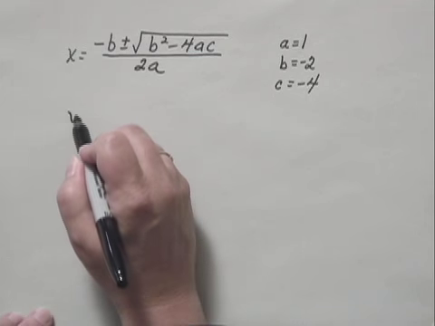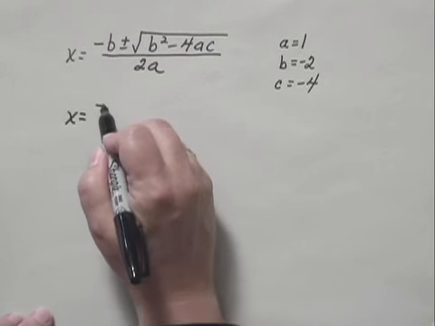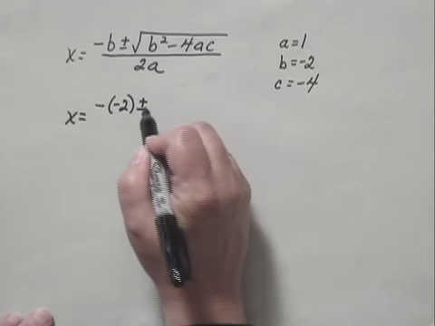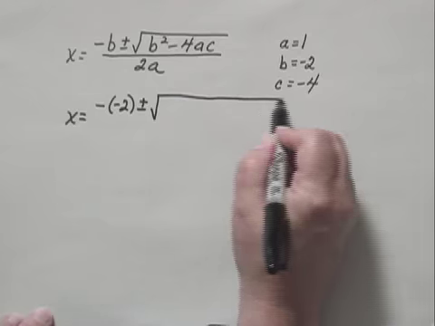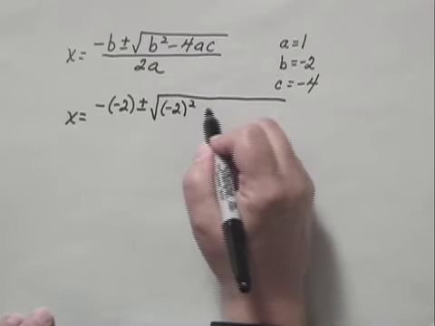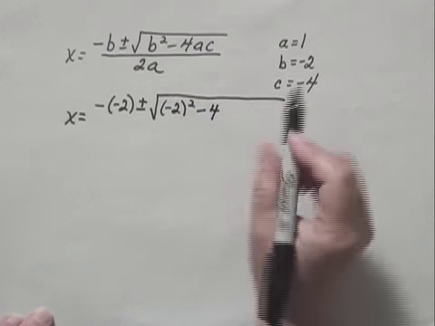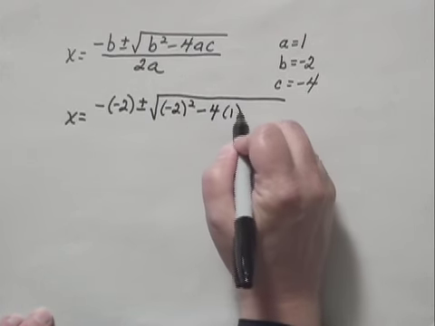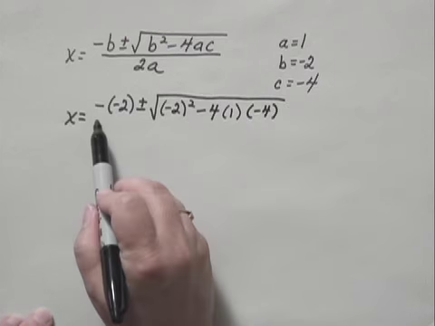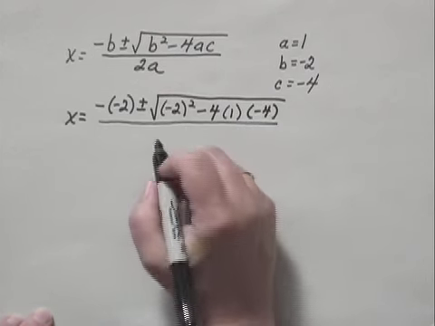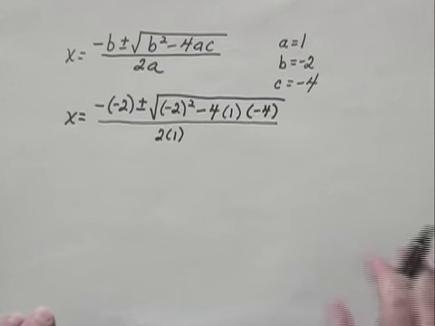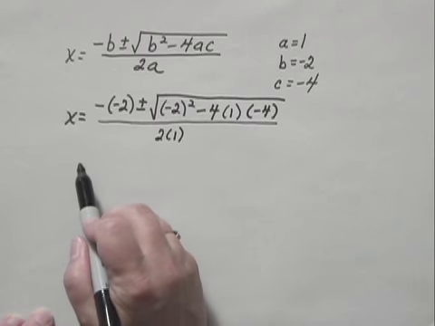So we have x equals the opposite of b, which is -2, plus or minus the square root of b squared, that would be -2 squared, minus 4 times a, which is 1, times c, which is -4, all over 2a, which is 2 times 1. Be real careful in substituting. That can get to be the tricky part.